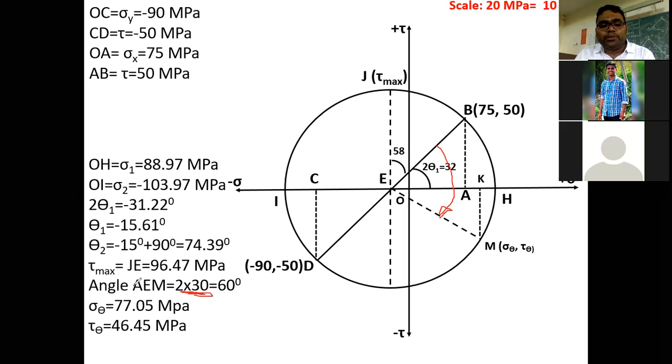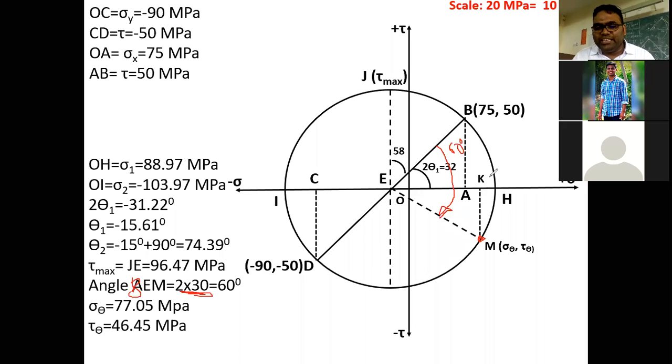And here it must be B. I have written A, so it is BEM, not AEM, it's BEM. You correct it to BEM. So this is 60 degrees, okay, and at 60 degrees, intersecting, you get this new point M. Corresponding to this point, you draw a perpendicular on the x-axis. This new point is K.